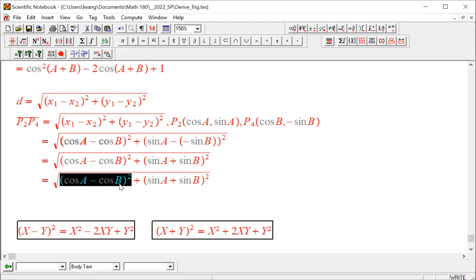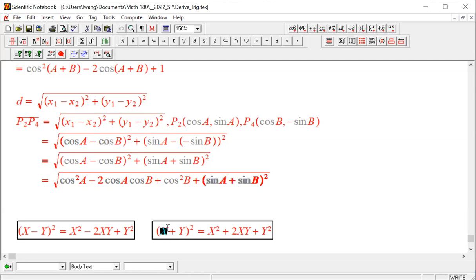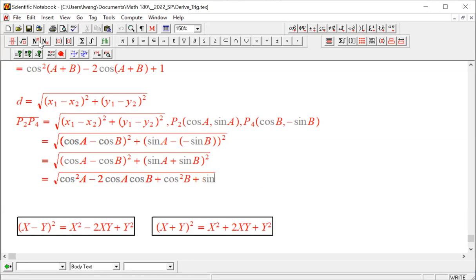And this piece will be replaced by cosine square of A minus 2 times cosine A times cosine B plus cosine square of B. On the other piece, it is going to be replaced by using this formula where sine A is a capital X, sine B is a capital Y. So this piece will be replaced by sine square of A plus 2 sine of A, sine of B, plus sine square of B.